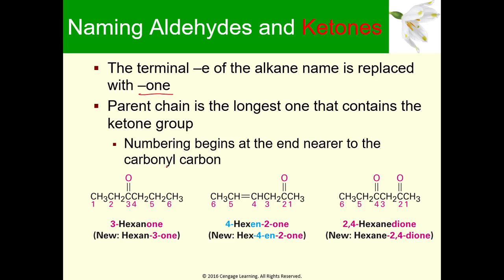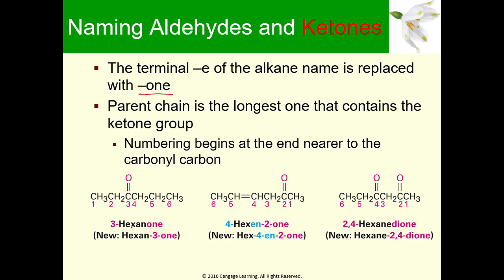So these will be our situations again. Like for example, this one, you have a 6-carbon chain. If you start here, you will encounter the C double bond O at the third position. But if you start here, this is 1, 2, 3, 4. So we should give the smallest or lower number to the C double bond O. So that's why it's 3-hexanone.